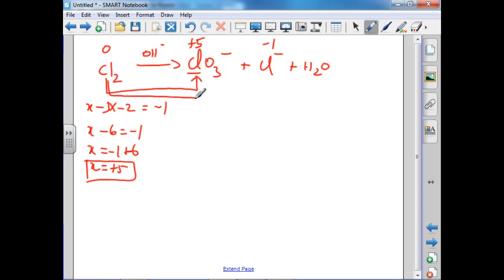The next one is 0 to minus 1. So 0 to plus 5 is an increase, so it is oxidized. The next one is Cl2, 0 to minus 1, a decrease. This is reduction, reduced.